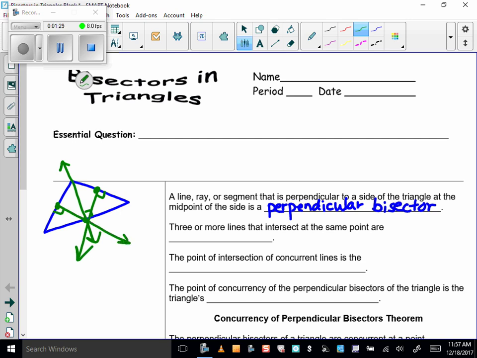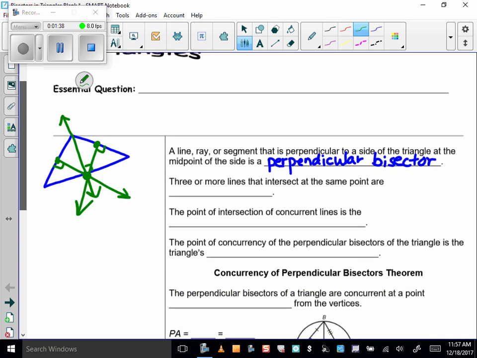So I've got three perpendicular bisectors for every triangle. And as you can see, all three of these perpendicular bisectors are going to intersect somewhere.